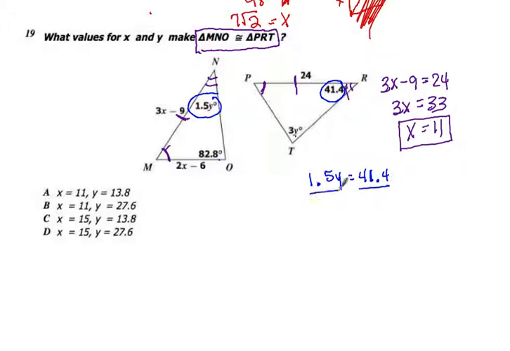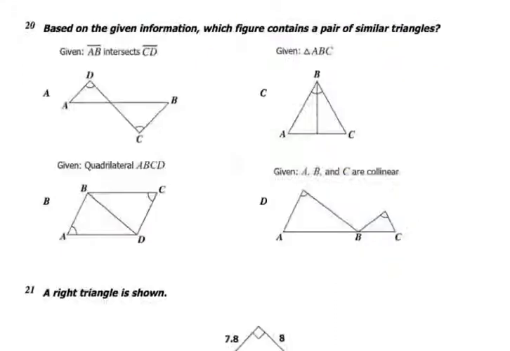And divide both sides by 1.5. And you're going to get y is equal to 27.6. So x is 11, y is 27.6. Okay, there's number 19. Now on to number 20.